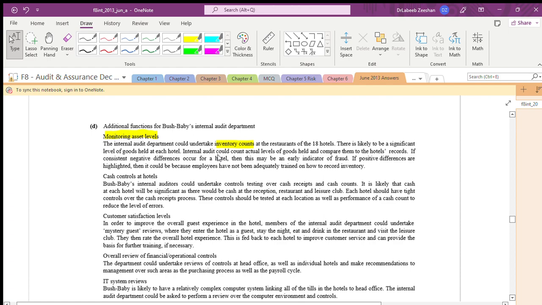If there is likely to be a significant level of goods at each hotel, the internal auditor could count actual levels held compared to the hotel records. Why I am highlighting this is that it gives you an idea of how precise we have to be in examination.